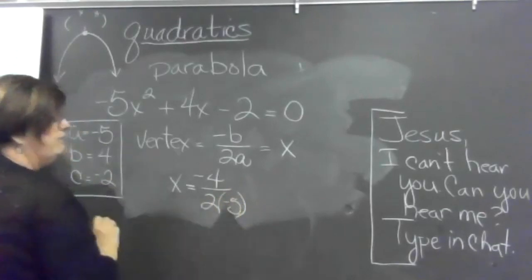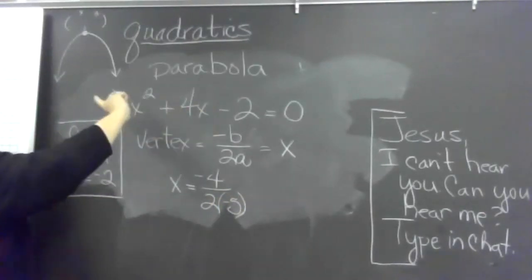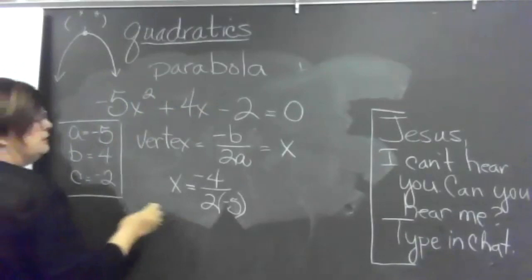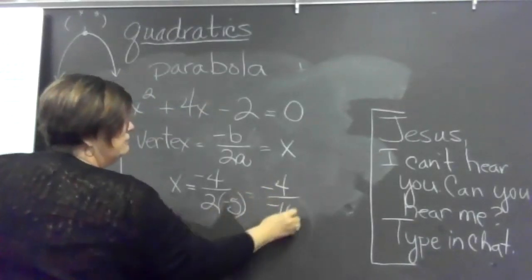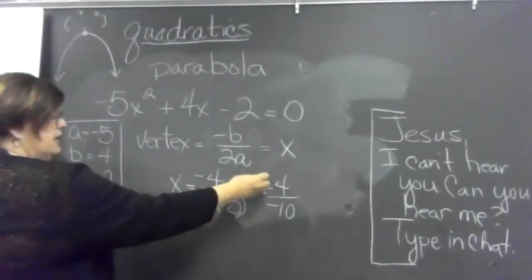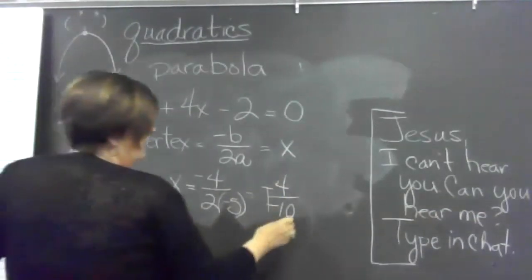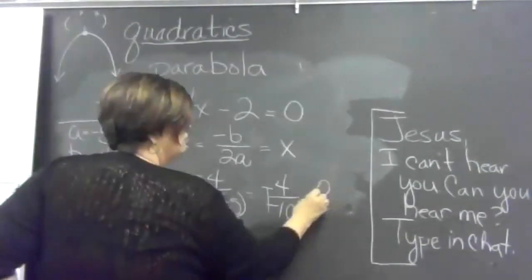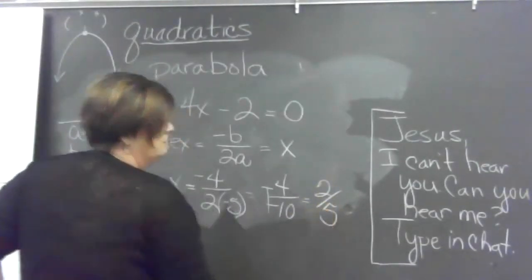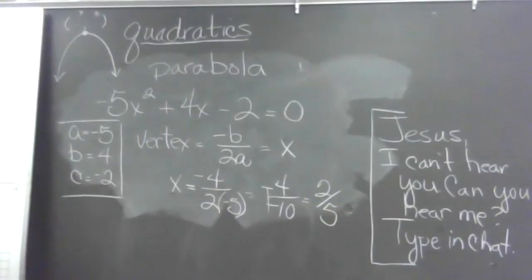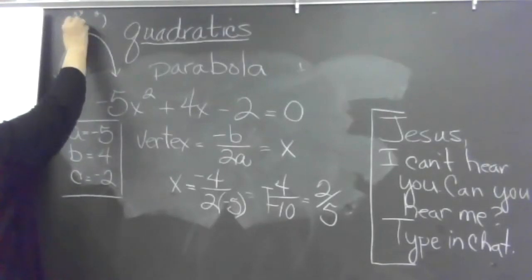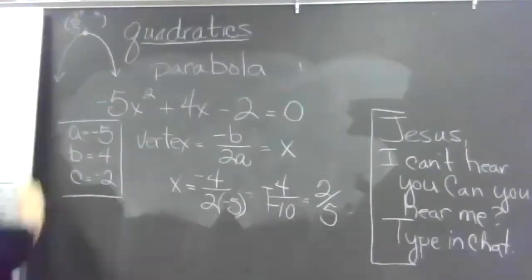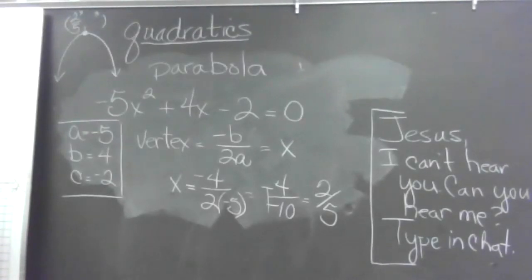So the X value for this quadratic, and I just made it up so it's going to be weird, is negative 4 over negative 10. The negatives cancel, and it simplifies to 2/5. So we know the first part of the vertex is 2/5.